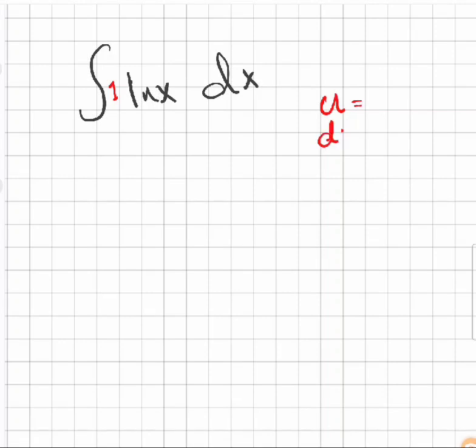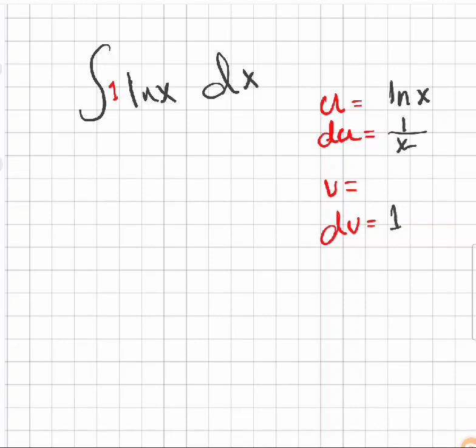Now, we can't make dv equal to ln x, because we don't know the integral of ln x. We're trying to figure that out. So therefore, we have to make u equal to ln x. The derivative of that is 1 over x dx.